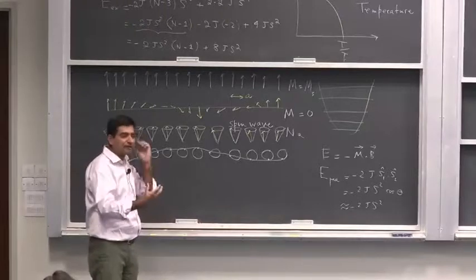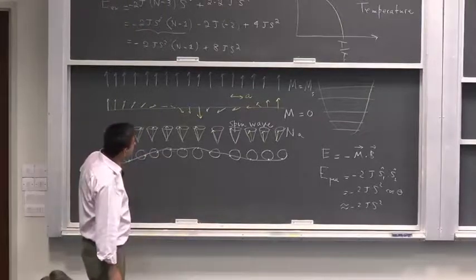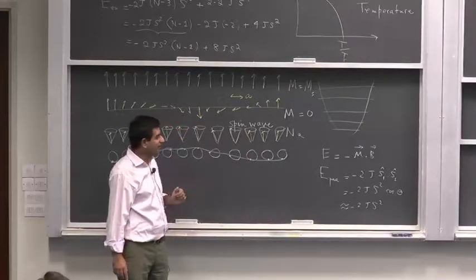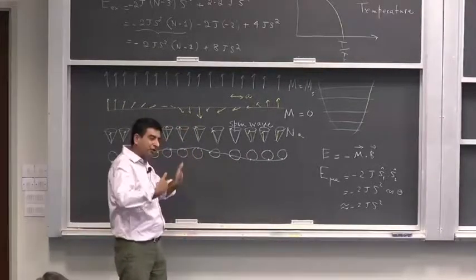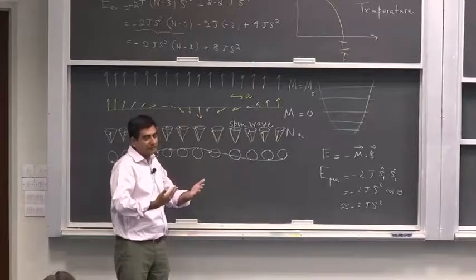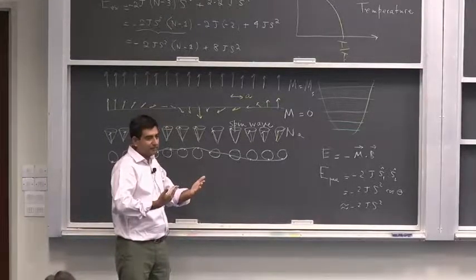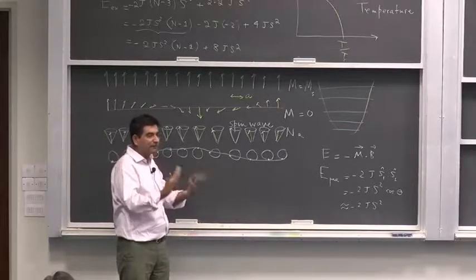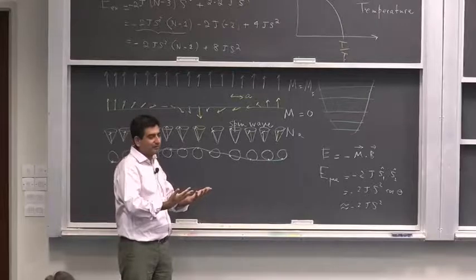You can have higher orders. Changing the order means changing the wavelength. Higher order means shorter wavelength and higher frequency. Okay? Just as photons have frequencies, the spin waves also have frequencies. Alright.